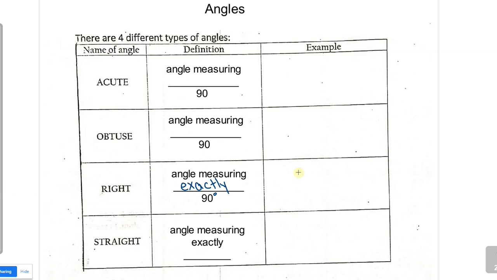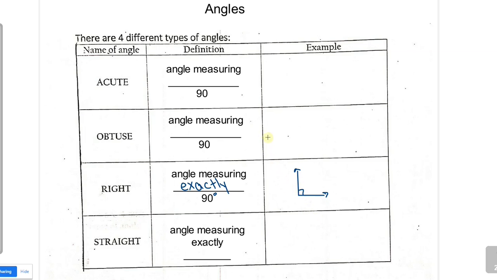A 90-degree angle is going to look like this, where this angle measure is 90 degrees and these two lines are perpendicular. So it's going to look straight, like if you think of a floor and a wall.